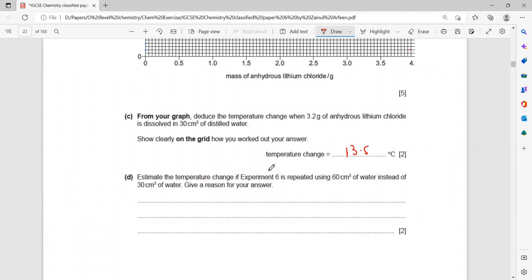Estimate the temperature change if experiment 6 was repeated using 60 cm cube. Look, if we increase the amount of the water, we keep everything else the same, but we increase the amount of the water. In experiment 6, what was the temperature change? The temperature change was 9.